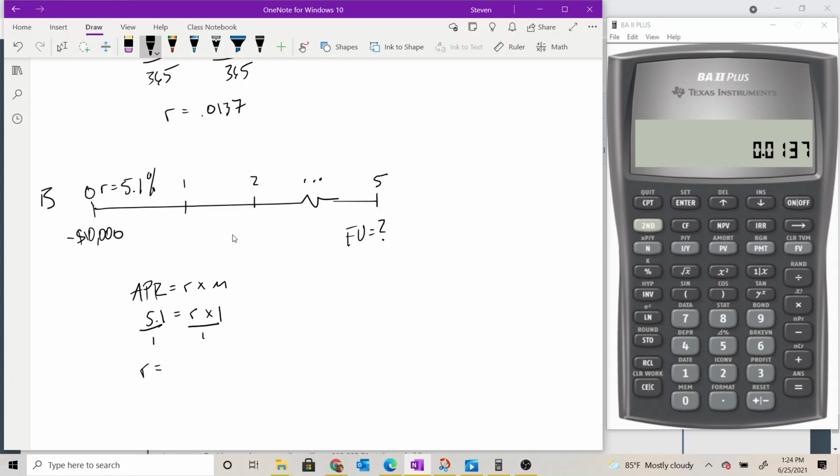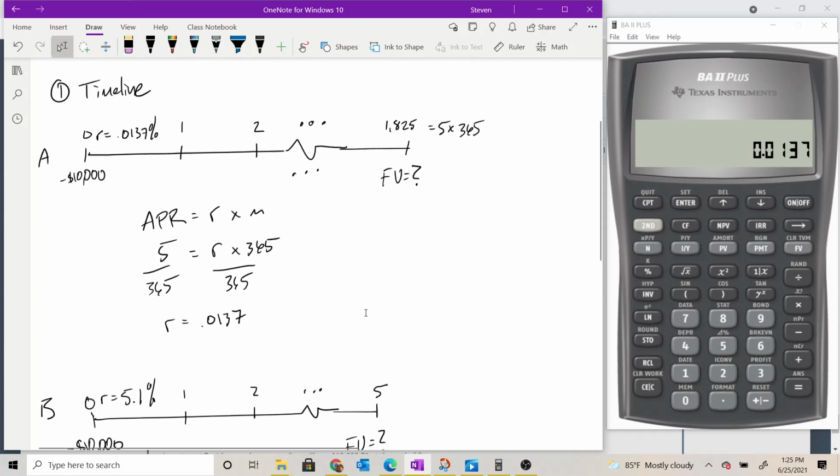And so our little r, our periodic effective rate, is also 5.1%. And that's because we only have one compounding period per year. So in the odd case where we're looking at annual compounding periods, then the APR is an accurate measure of the interest you're actually earning because there is no compounding happening within the year. So it doesn't matter that the APR excludes the effects of compounding within the year.